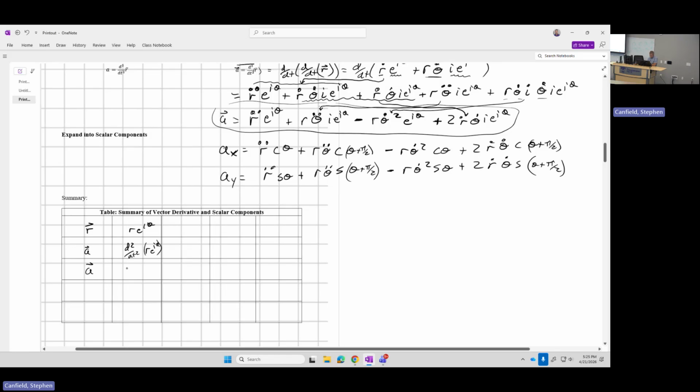And that gave us the terms r double dot e to the i theta. It gave us r theta double dot i e to the i theta. I'm just writing from above. It gave us the negative r theta dot squared e to the i theta, and finally a plus 2 r dot theta dot i e to the i theta.